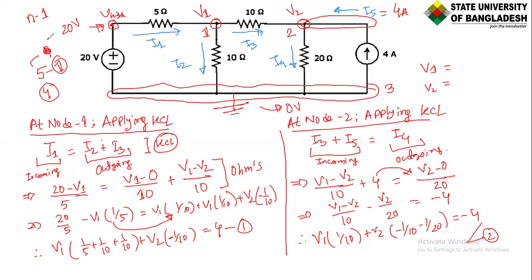If there are 6 nodes and one is your reference node, then 5 nodes will be unknown to you. For our case, though there are 4 nodes, one node is our reference and another node's voltage we know. Therefore, we will get two simultaneous equations.